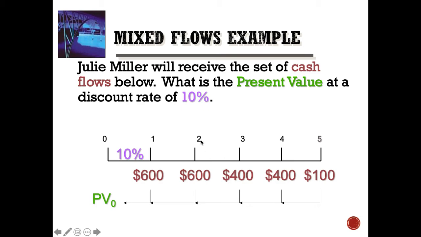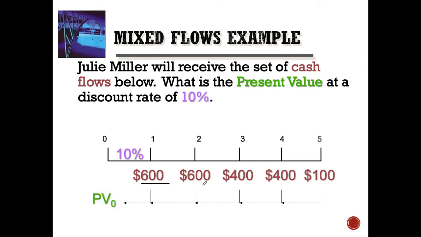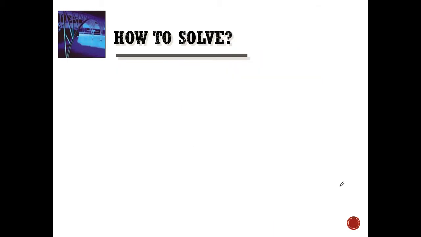Mixed flow, because the amount is different for year 1 and year 3. Year 1 and year 2 are the same. Year 3 and year 4 are the same. Year 5 is different. Okay, how to solve this problem?